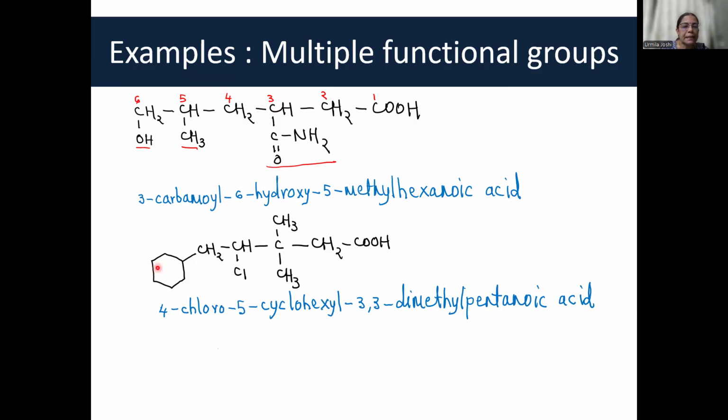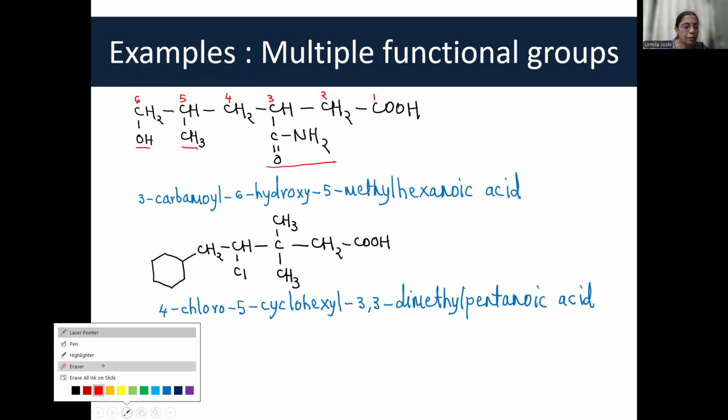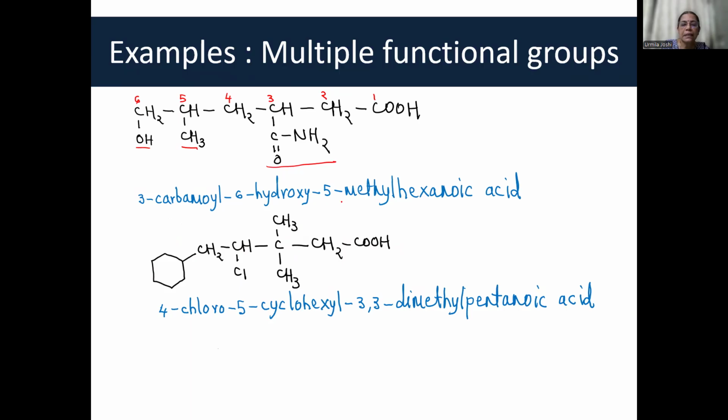Now look at the next example. Here there is a chain, a big chain. Although it is not exactly 6 carbons, but this is a big chain. And carboxylic acid is a part of the chain. So what you have to do is consider this as the parent chain. Okay, starting with carboxylic acid. 1, 2, 3, 4, and 5. Now, where are the substituents?